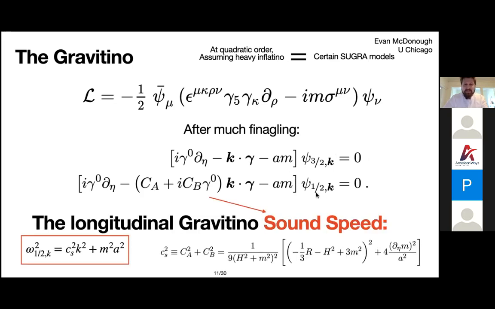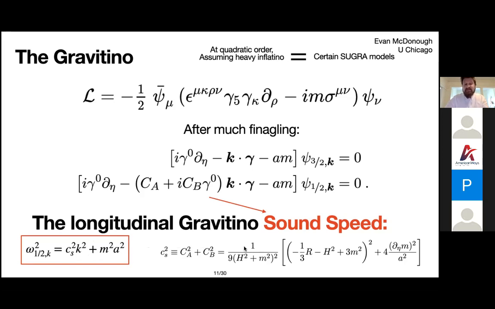And what's interesting is the helicity 1/2 state. You can see that the coefficient of the momentum piece is not identically 1, but is built out of these parameters. If I square the Dirac equation to make a Klein-Gordon equation, I find a dispersion relation for this field, which instead of your usual p squared plus m squared has a sound speed multiplying the spatial momentum, cs squared, which is in principle not equal to 1.